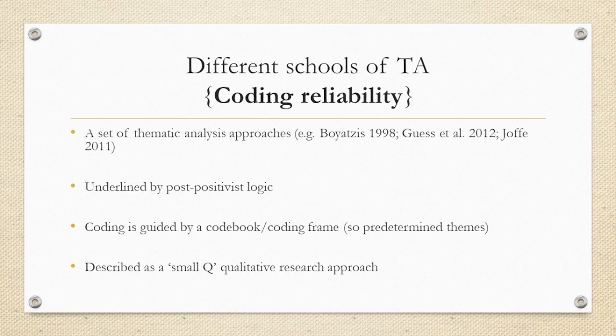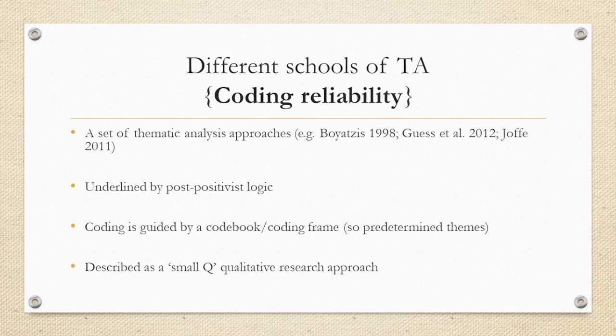The approach can be understood as a consensus coding approach, as it builds towards a singular, shared, and correct analysis of the data. This approach is often described by Braun and Clarke as having a small q, or qualitative research approach, in that the qualitative research part is concerned with how tools and techniques of the approach are conceptualized, and not that qualitative research is conceptualized as a paradigm by itself or an underlying philosophy for research.